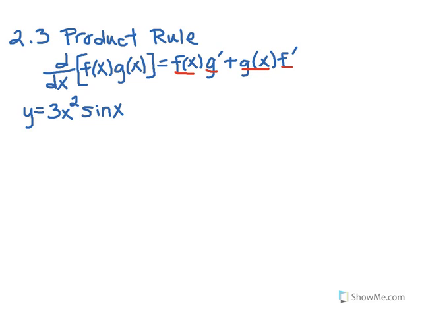And if you look here, we do see that this is a product of two different functions. I could look at this as the f of x part, and I'm going to label it in green. I'm going to color code all of this for you. And then I've got my second function, which is sine x, which we are going to look at as g of x.